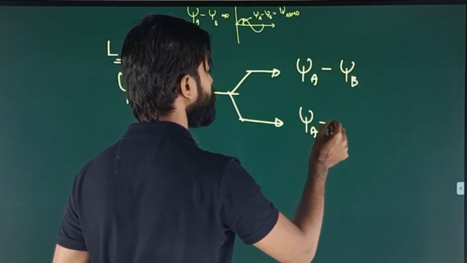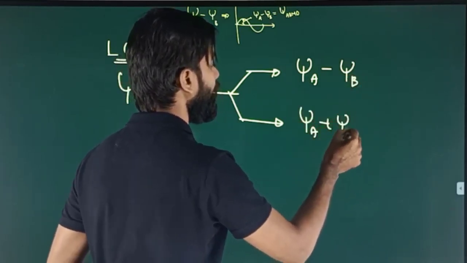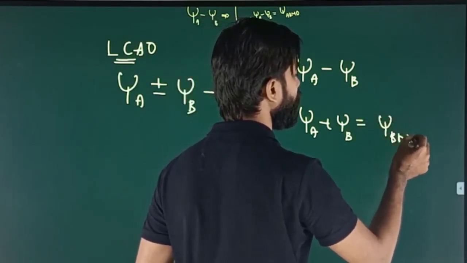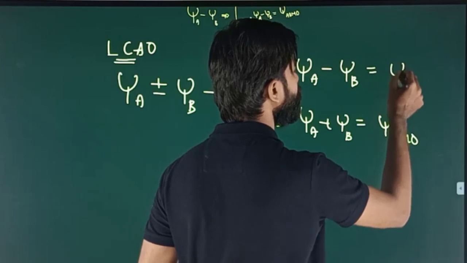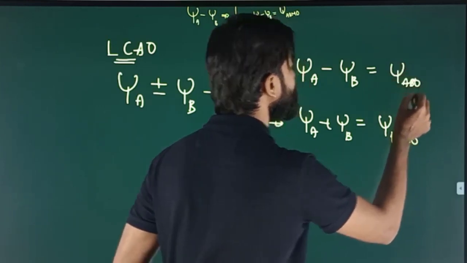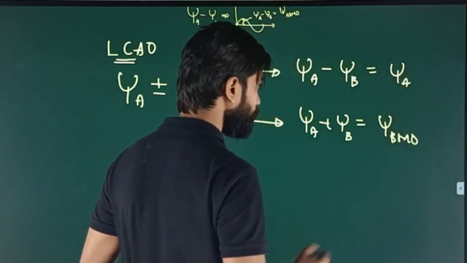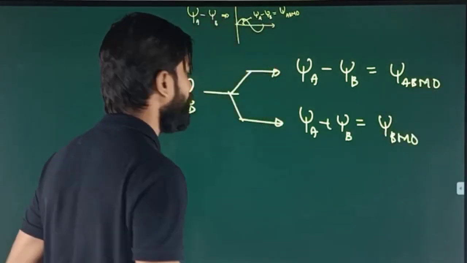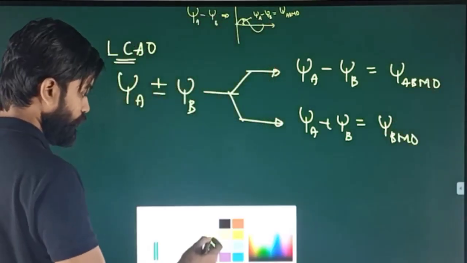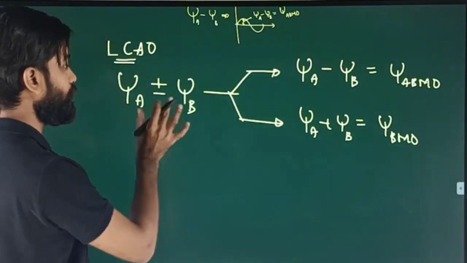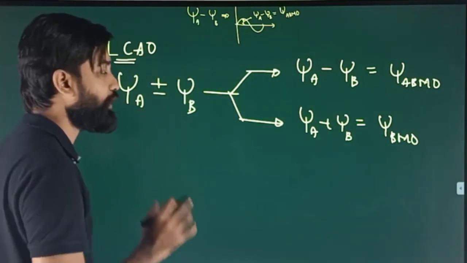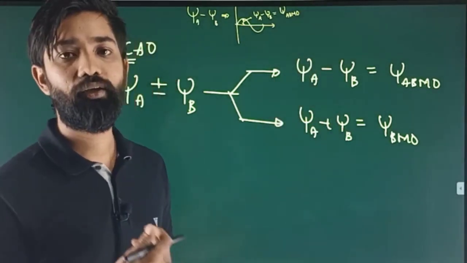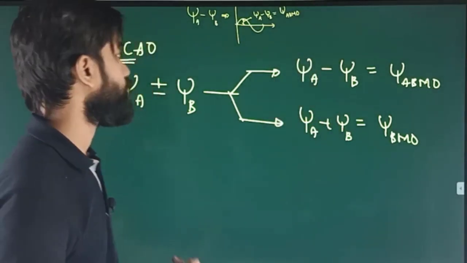Due to additive combination, there forms psi A plus psi B, and due to subtractive combination, psi A minus psi B. Psi A plus psi B is said to be the bonding molecular orbital. Psi A minus psi B is said to be the antibonding molecular orbital. So now you realize why, when the two are combined, additive and subtractive combinations form. It is due to constructive and destructive interference.